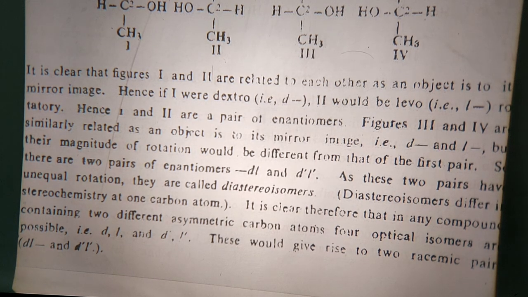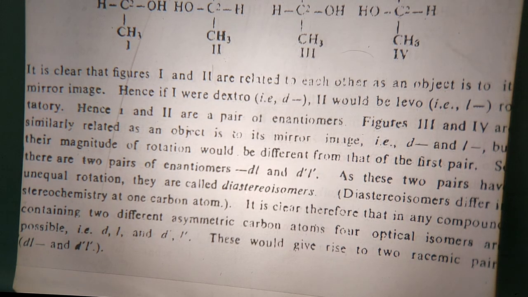They are called diastereoisomers. As the name indicates, dia means two. Stereoisomers that differ in stereochemistry at one carbon atom are diastereoisomers. It is clear therefore that in any compound containing two different asymmetric carbon atoms, four optical isomers are possible.